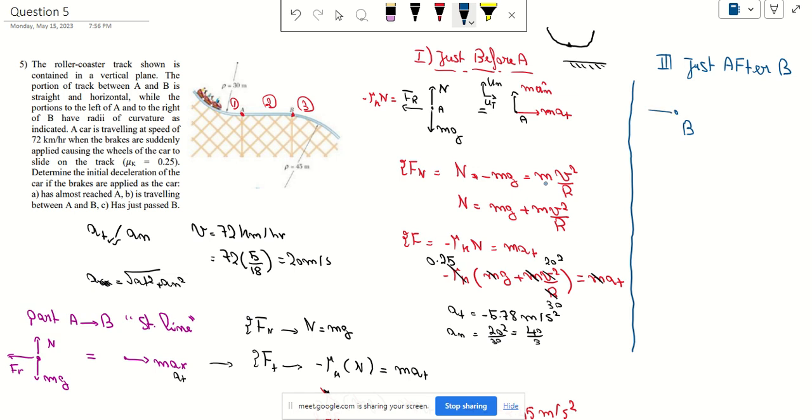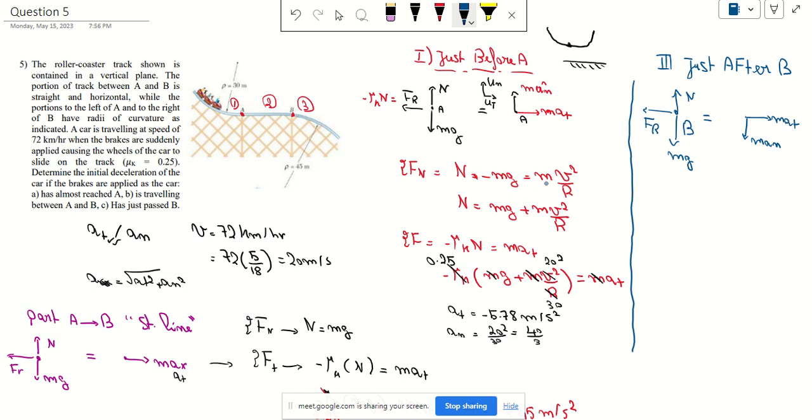Again I have only the friction force, the normal, and mg. This one is m a_t, and I'm using the right one because it is the direction of motion. The particle is still moving in the right direction, but I will swap the direction of m a_n from up to down.